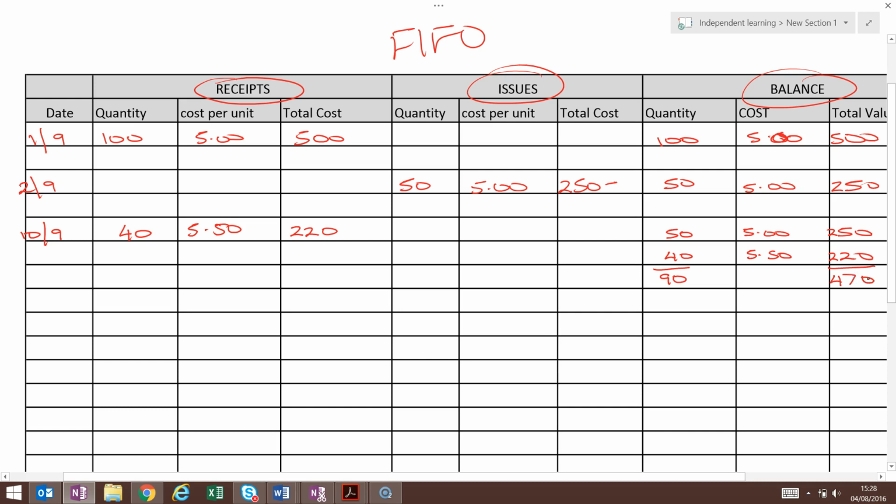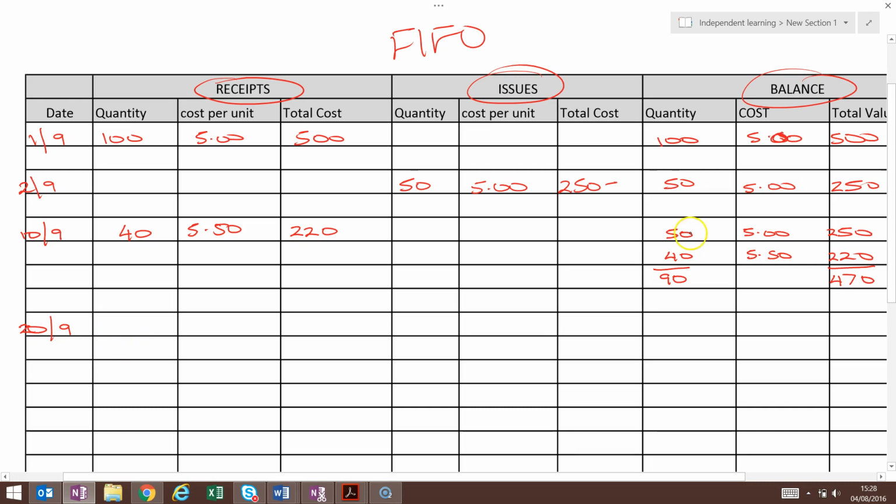Now it's important that you do lay it out like this because it makes it much easier to then see what we're going to issue. So the next transaction is on the 20th of September. We issued 60.